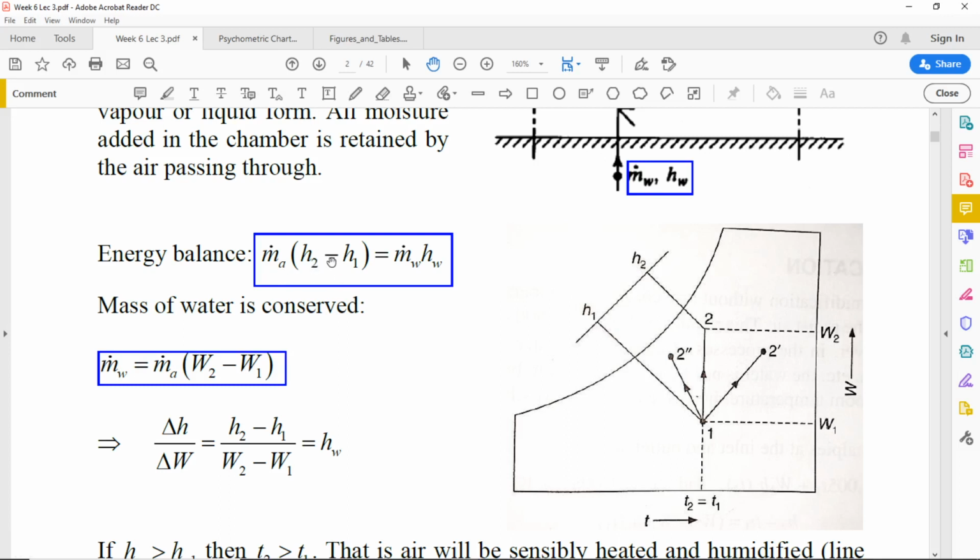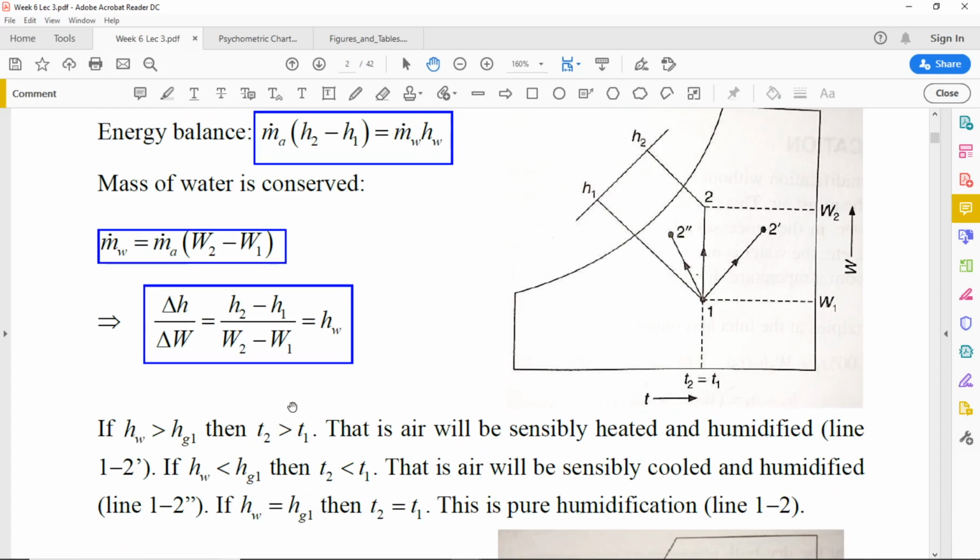On the left hand side you will get delta H, and on the right hand side you will have m dot W by m dot A times HW, and m dot W by m dot A from the conservation of mass for water will be equal to delta W. So you will get delta H is equal to delta W times HW, and taking delta W to the left hand side gives the expression for the ratio delta H by delta W, which is equal to HW.